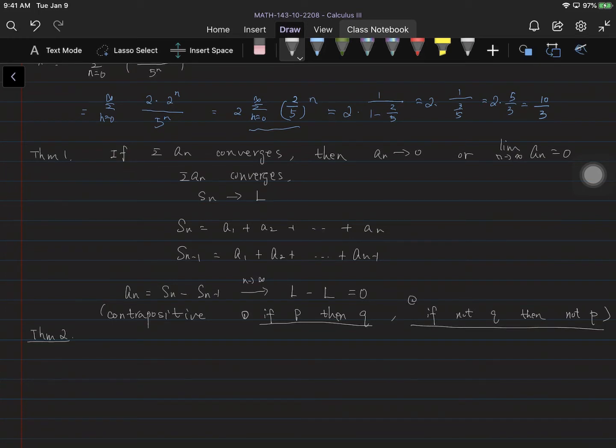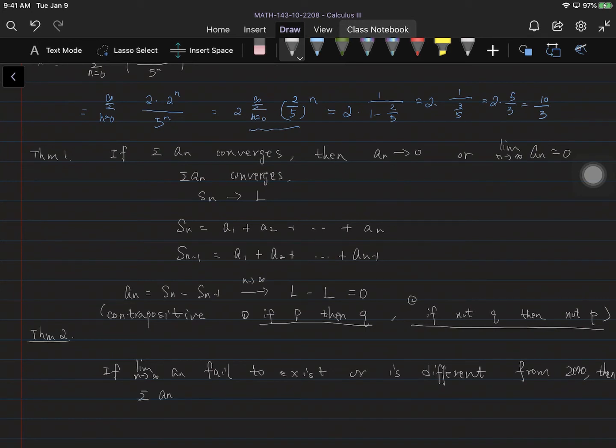So let's see. If the limit of an is not 0, fails to exist, or is different from 0, then not Q. That means the series does not converge.